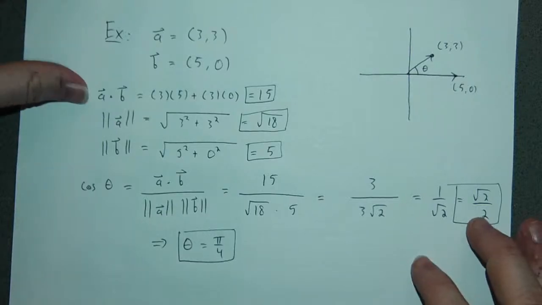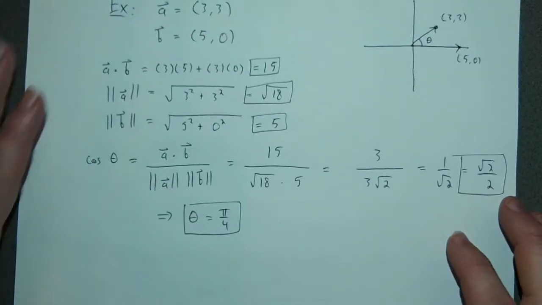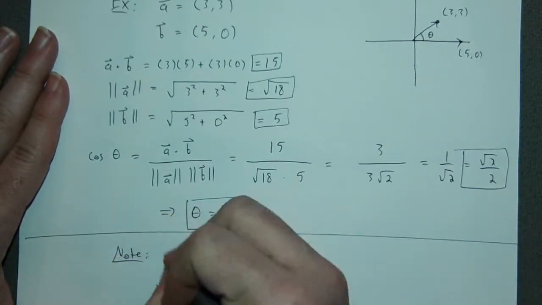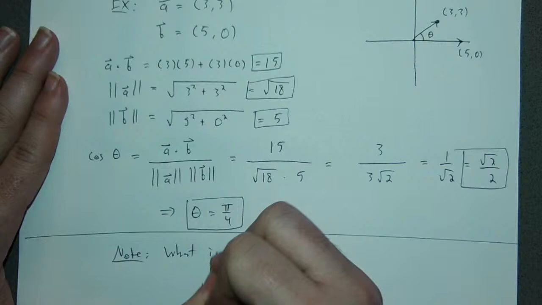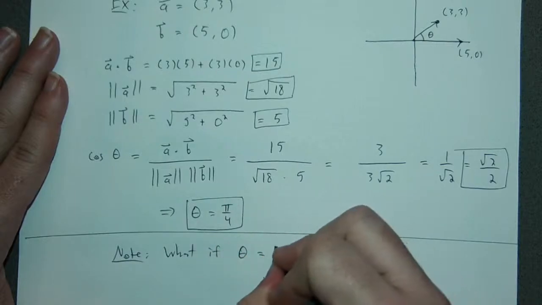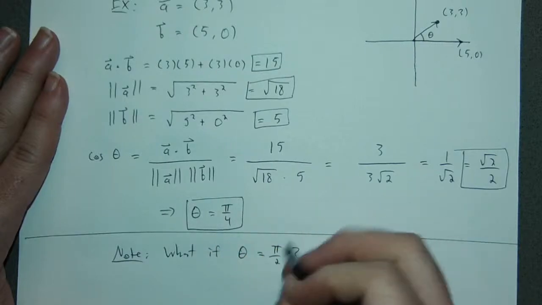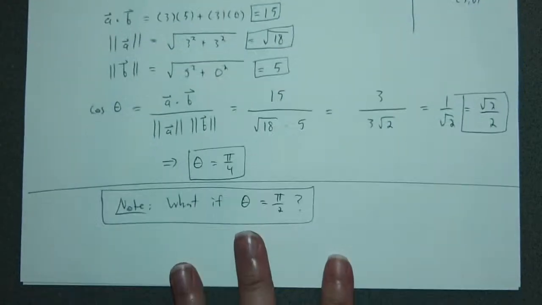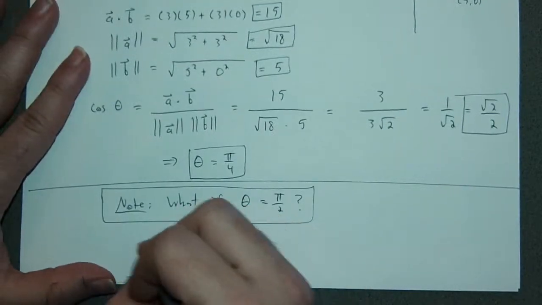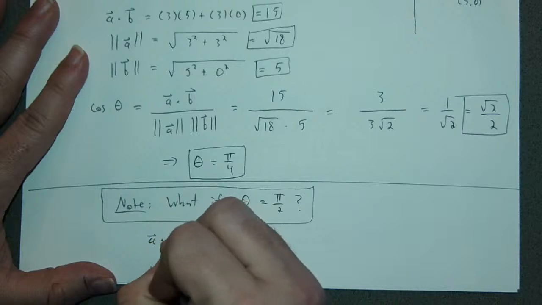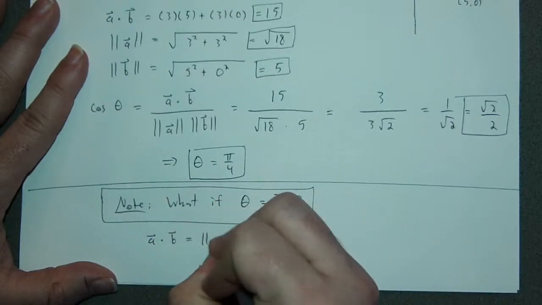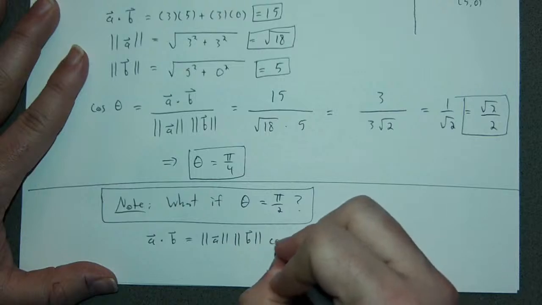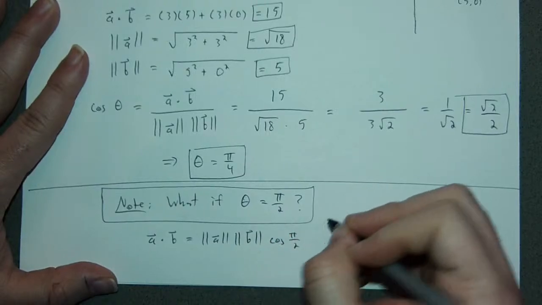Okay, what else? Note: what if theta is pi over 2? If theta is pi over 2, then A dot B is the length of A times the length of B times cosine of pi over 2.